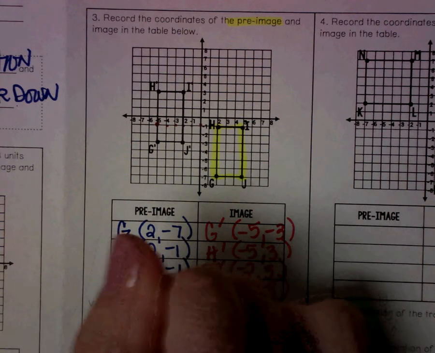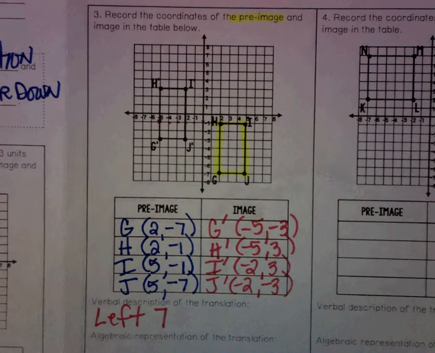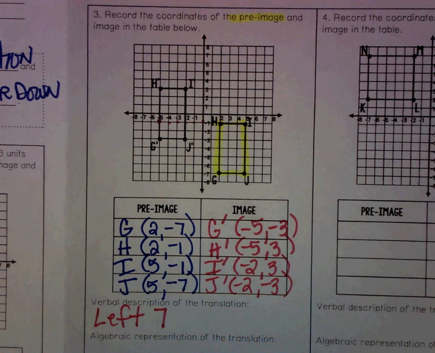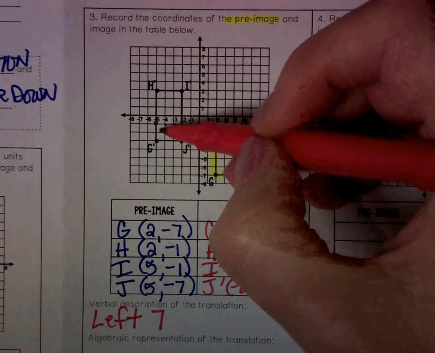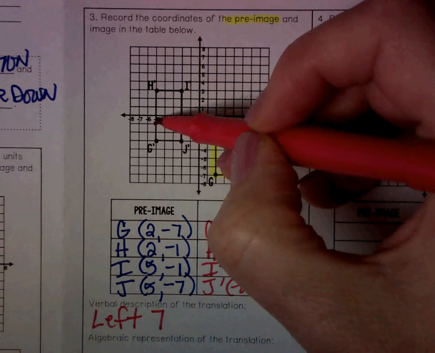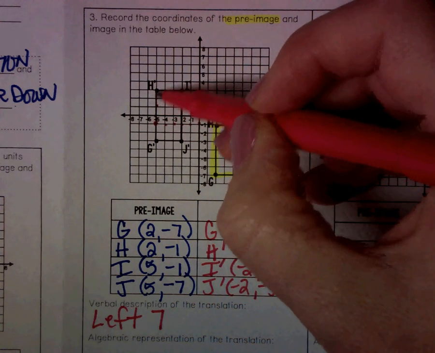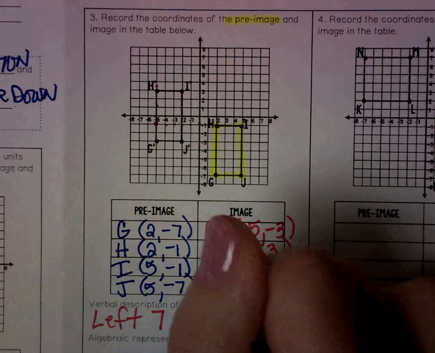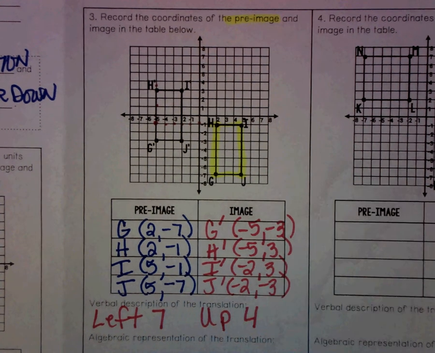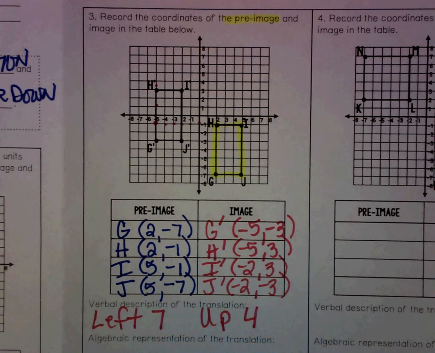So we went left 7. All we did was count. Easy, right? Okay, so then from there, how much did we have to move up? 1, 2, 3, 4. So we went up 4 units. That's all I'm asking you to do, is describe the translation.